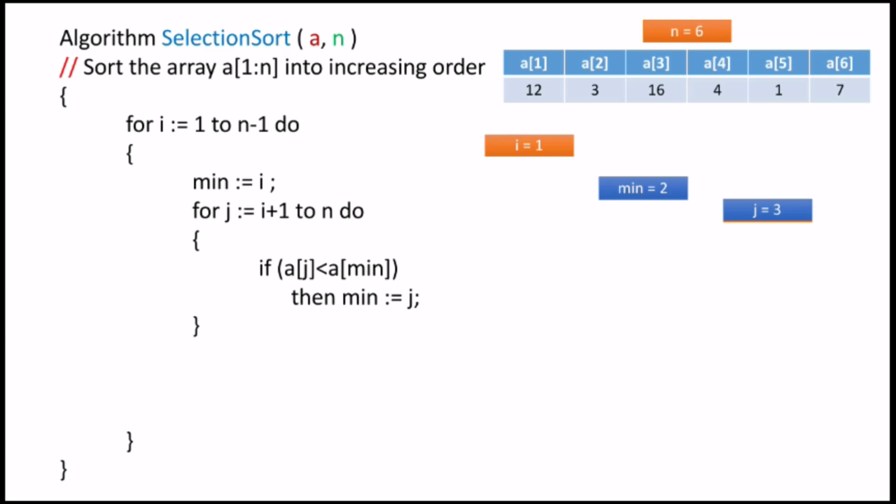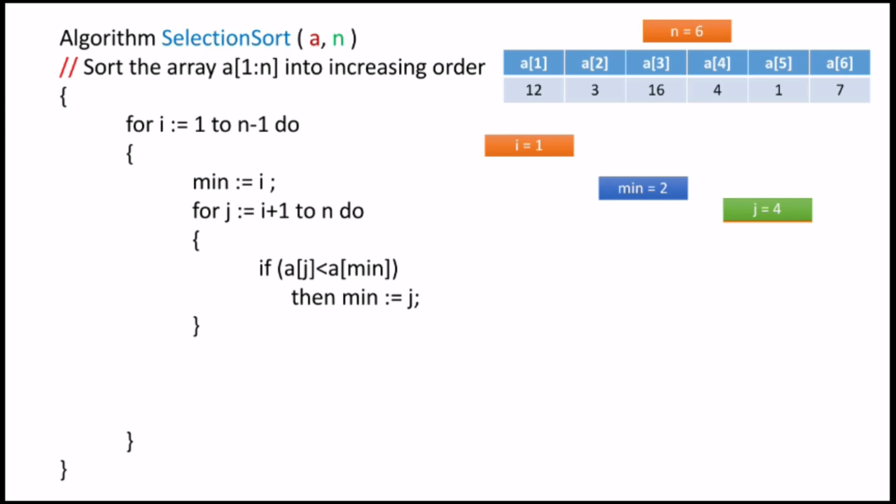Now again the value of j will be incremented. So j is now 4. Now we will compare the fourth number with the value present on min position. So here 4 is the fourth number and 3 is present on minimum position.